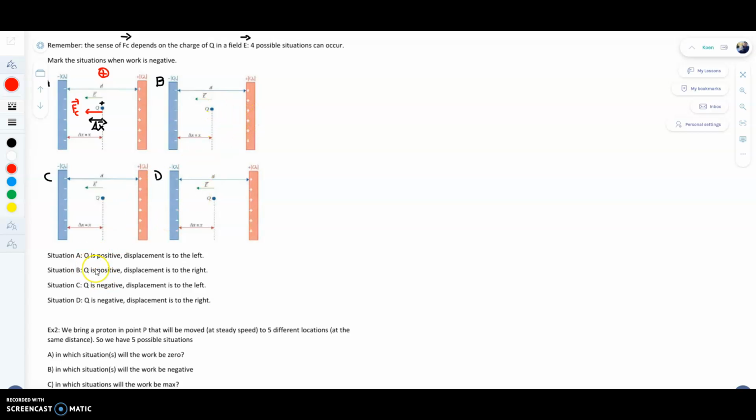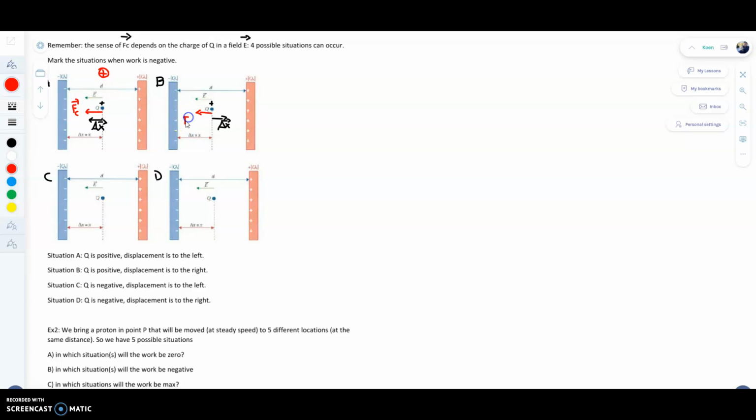In situation B, we have a positive charge in the center. However, we do the displacement to the right in this case, so your delta x, it's going that way. Your Coulomb force has not changed compared to the first situation.